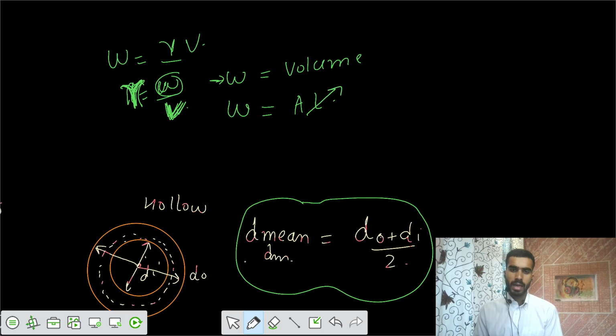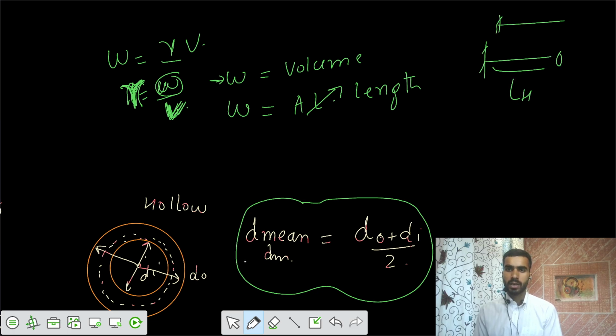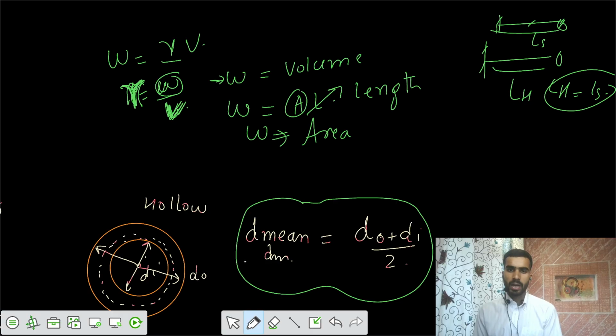If you keep the length the same, length solid equals length hollow, that means you have to change the area such that the overall volume is constant.